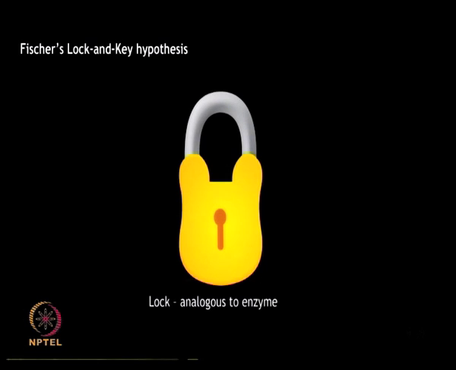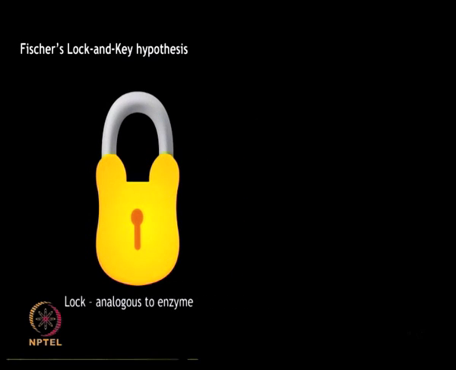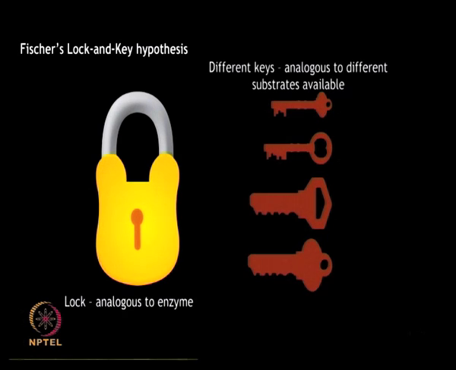Fischer's hypothesis is defined as the lock and key hypothesis. Any lock, which is analogous to an enzyme, can have only one suitable key of appropriate shape and size to open it. The various available keys, which are analogous to the thousands of substrates available, can attempt to open the lock, but only one will be the perfect fit that can open it.